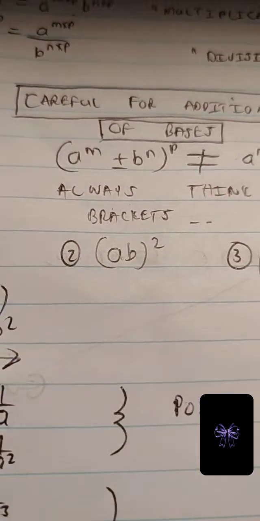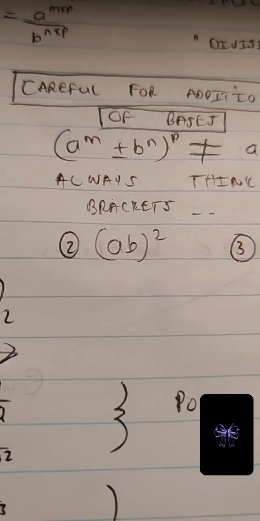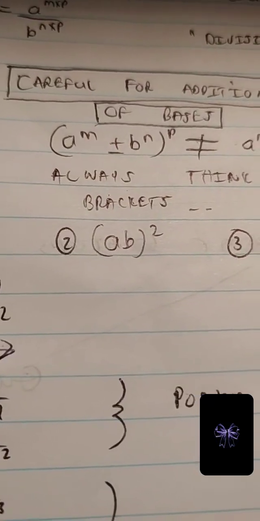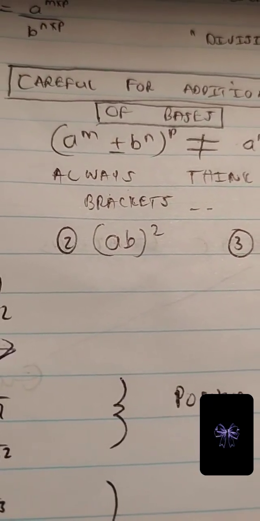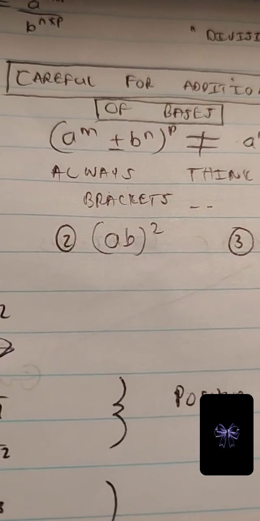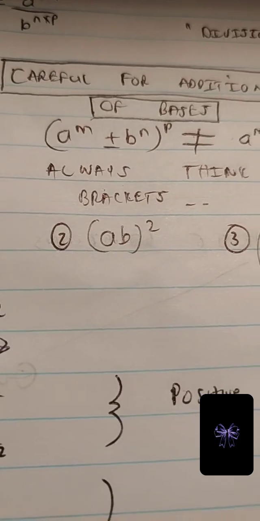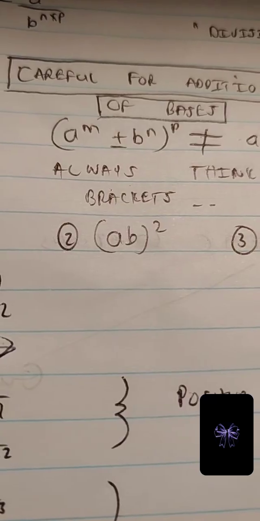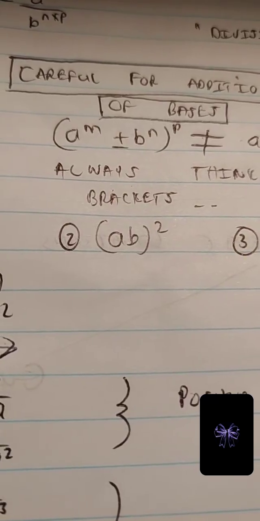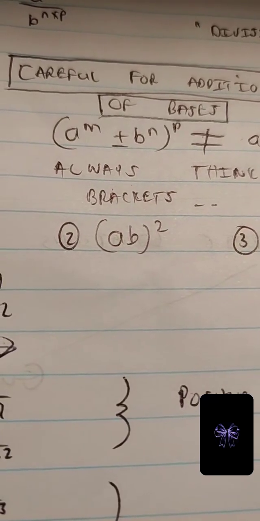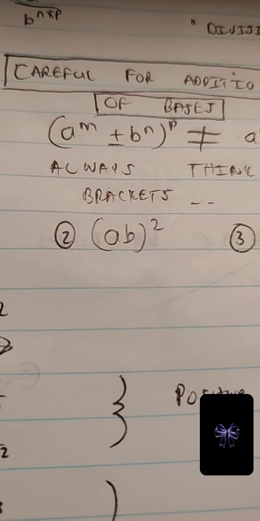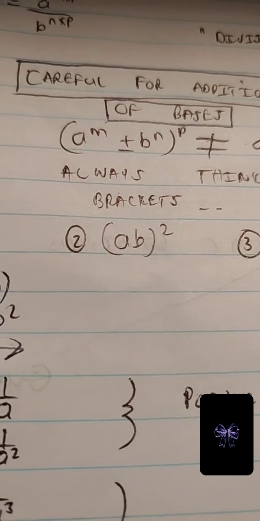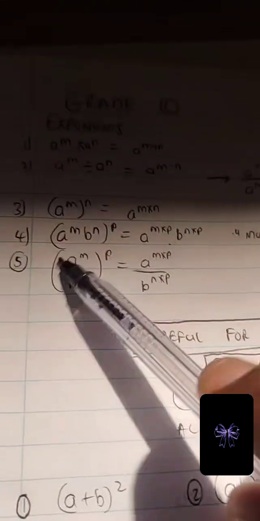What about number 2? (ab) to the power 2. What would be the answer here? Wouldn't it be that we're going to get a squared and b squared? Law applied beautifully.